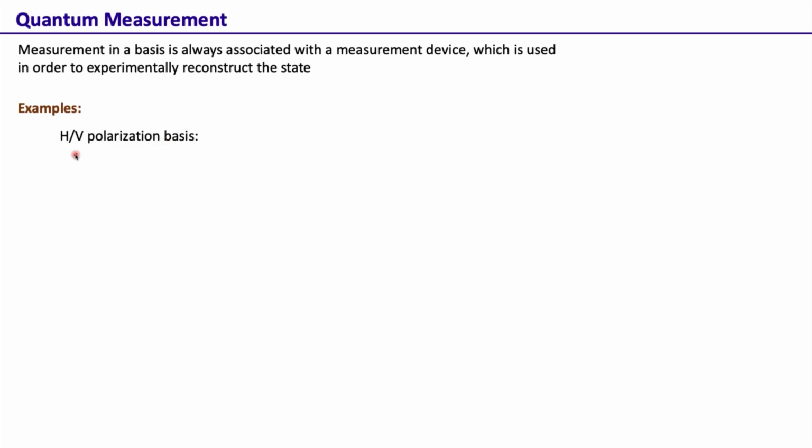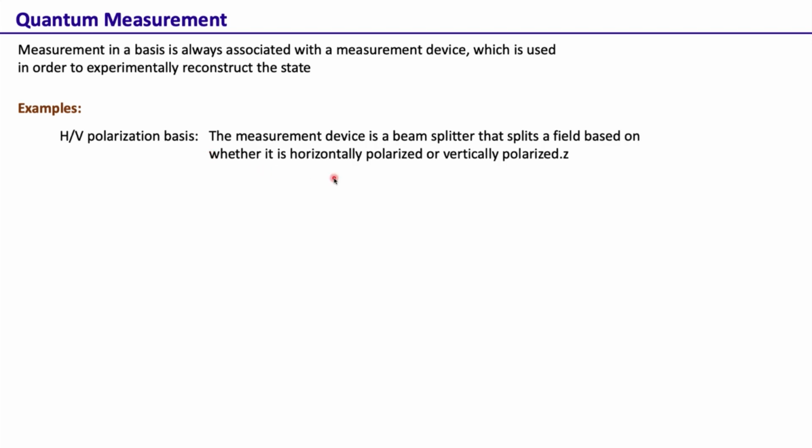For example, if we are doing the measurement in the horizontal-vertical polarization basis, the measurement device is a polarizing beam splitter that splits a field based on whether it is horizontally polarized or vertically polarized. If a vertically polarized photon comes in, it will send it this way, and if a horizontally polarized photon comes in, it will send it that way.